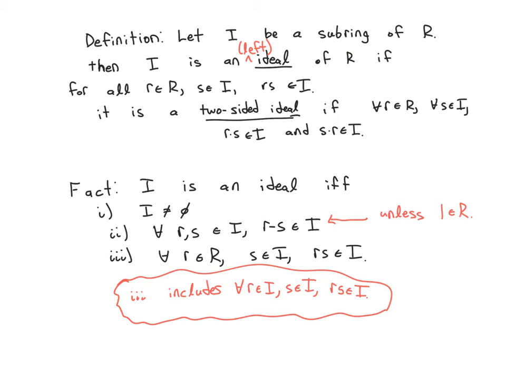So if 1 is in the ring, then you could replace this with closure under addition. Because then this condition here will allow you to conclude that -s is an element of I for every s in I. But you can't quite get all the way to closure under addition directly, so you do actually need to show this part.